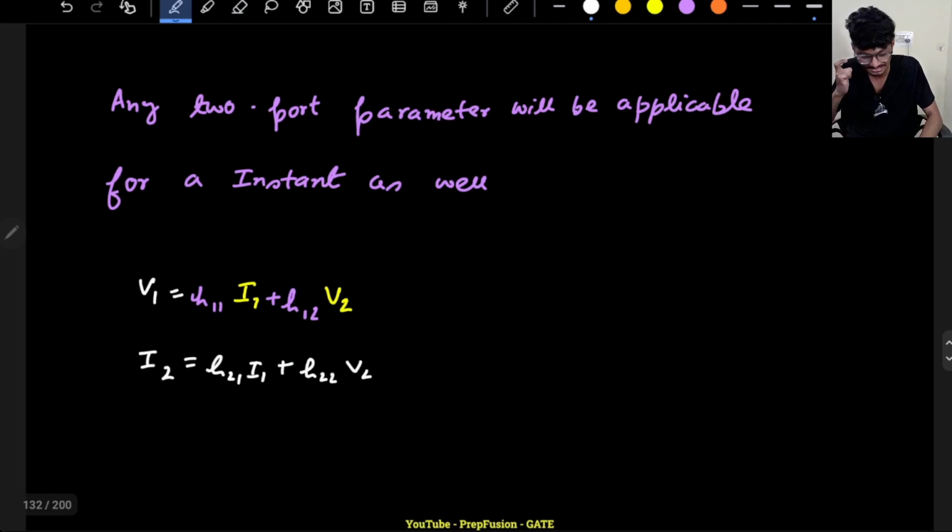This can be applied at an instant as well. What do you mean by instant? Basically the instantaneous relation should also be valid.